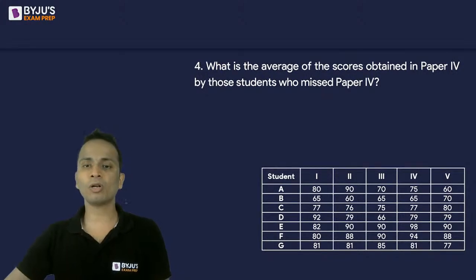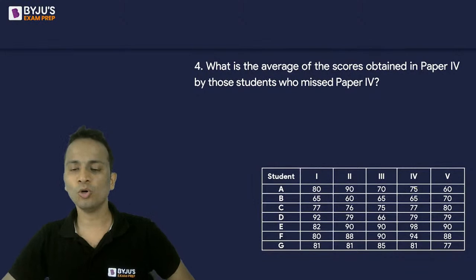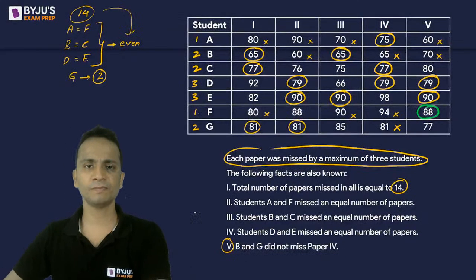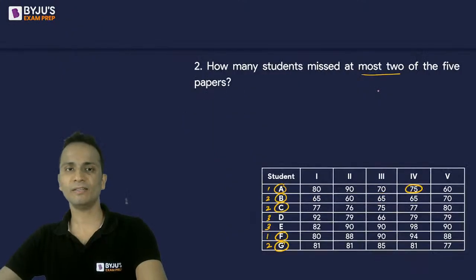So paper number 4 was missed by which students? So I'll go back to the table that we have made. Paper number 4 was missed by A, C, and D. The scores obtained are 75, 77, and 79.